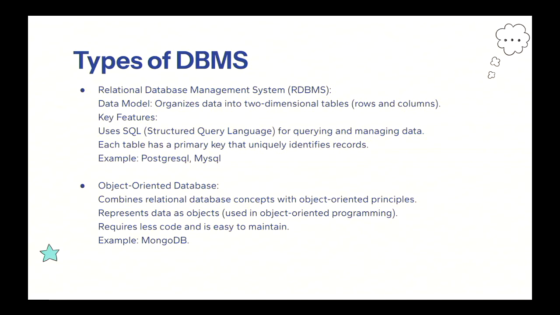So these are the key features of this type of DBMS. The most typical examples are Postgres and MySQL. I believe you have encountered this a lot if you have taken the software engineering class.